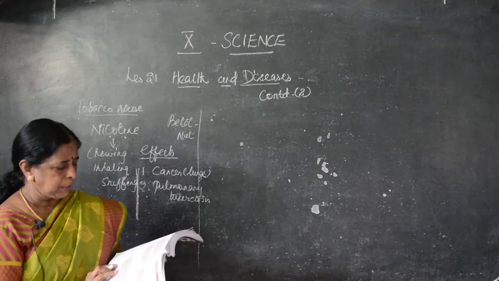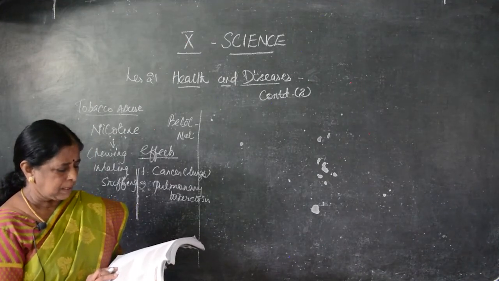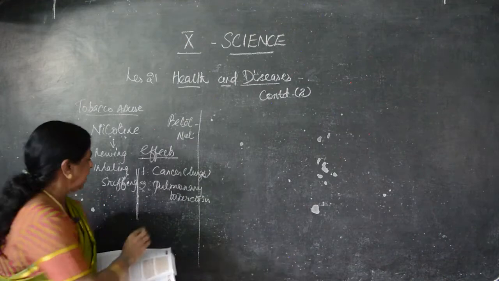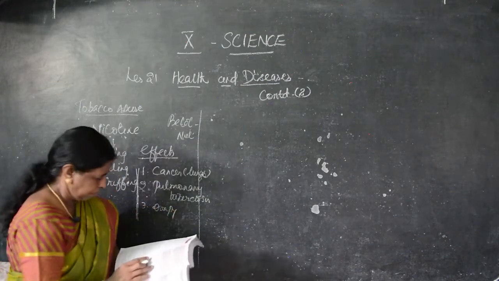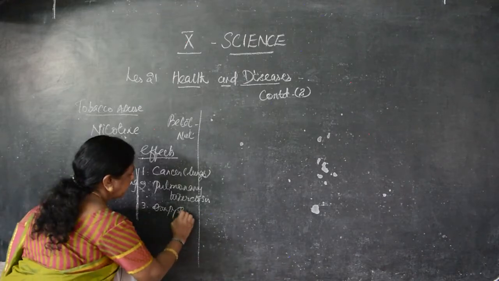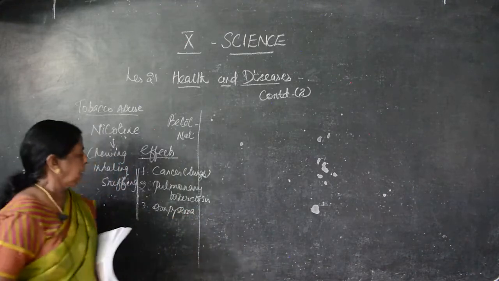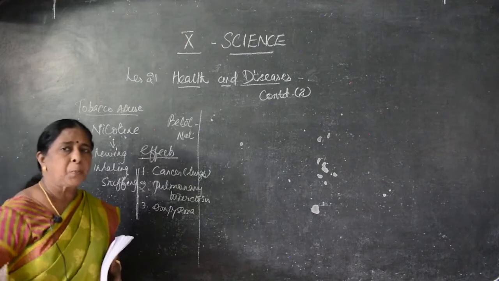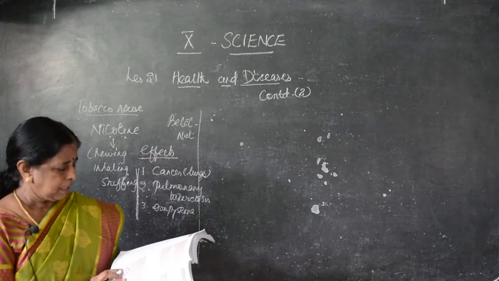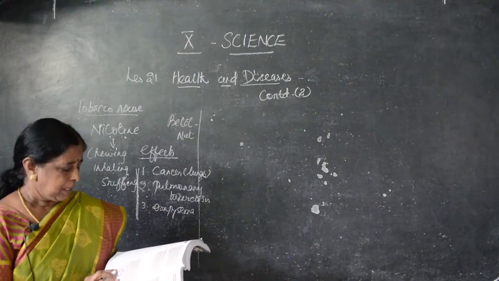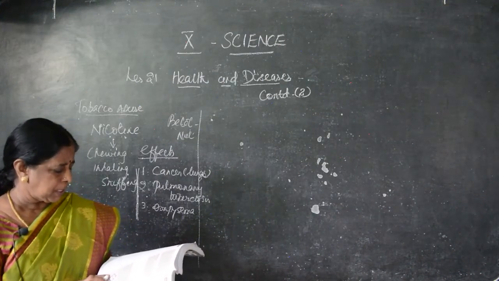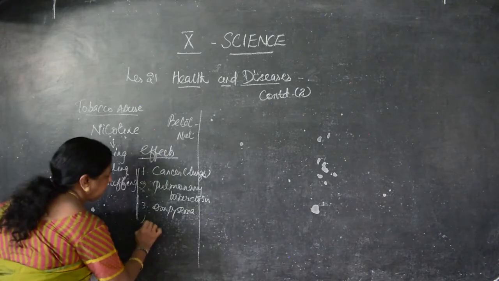And other one, it may cause emphysema. Emphysema means that it occupies a large portion of the lungs. And carbon monoxide in the tobacco causes hypoxia in the body tissues. Blood pressure is increased.